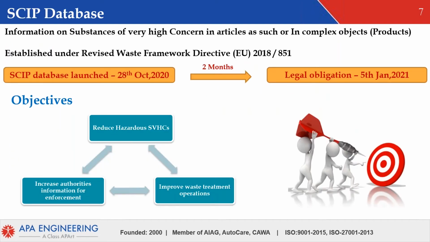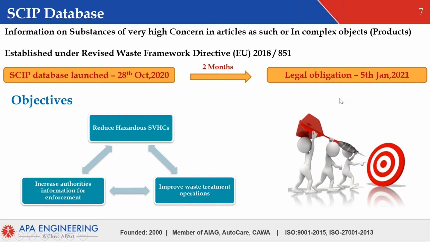Here's a quick history of SCIP, which is Substances of Concern in Products. This was originated through the European Union's Waste Framework Directive back in 2018, and the SCIP database was launched this year on October 28th, with a little over 2 months to prepare for the legal obligation, which is coming on January 5th, 2021.